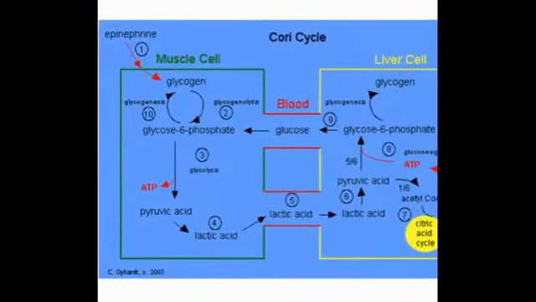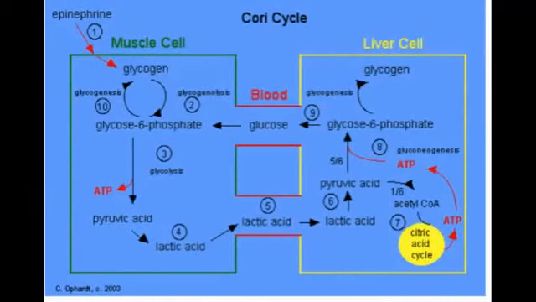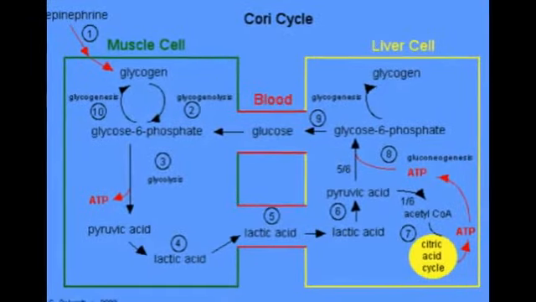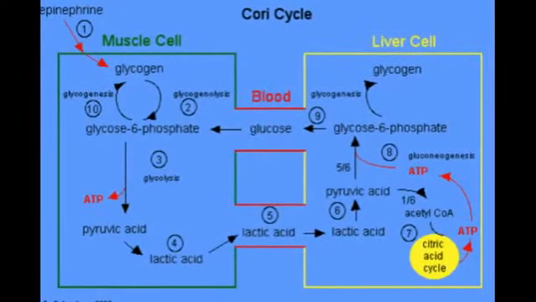Also on the right side of that slide you see the Cori cycle. The Cori cycle represents when we are supposed to store some kind of material, in this case glucose, we store it in the liver, as I explained in the function of the liver.